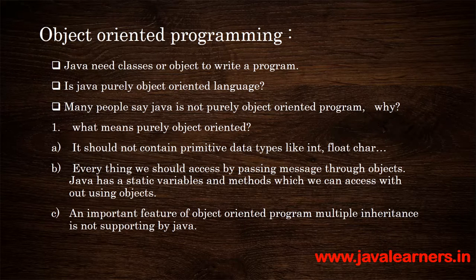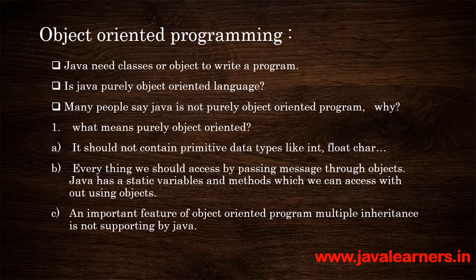But I will say that Java is a purely object-oriented programming language. Any programmer or beginner learning Java should know the APIs first. API means application programming interface. So what are those APIs?